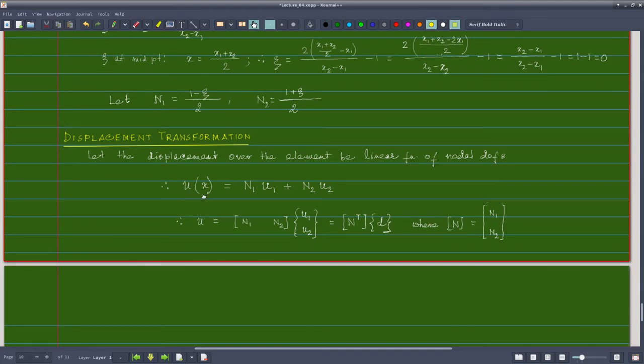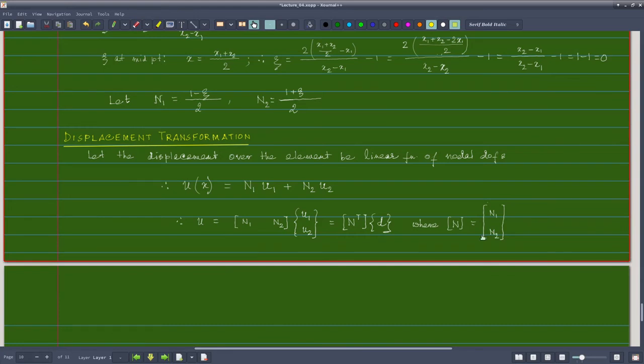So I will write u(x) equal to N1 u1 plus N2 u2, where in matrix form I can write it like this. This row matrix, into this column vector of nodal displacements, and this matrix I call transpose of N, so that N is a column vector of N1 and N2.